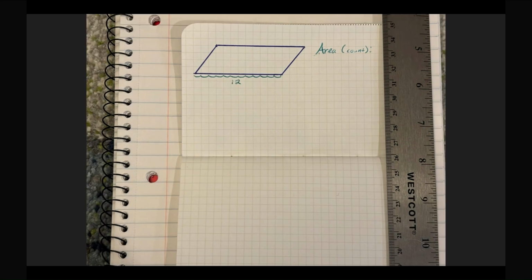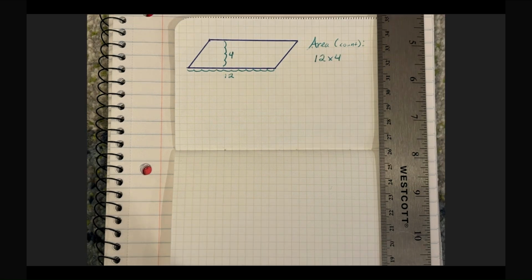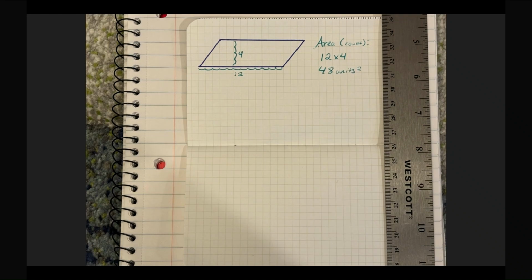So we will count line segments along the base, find out that this base is 12 units long, and then we'll count a vertical line up the inside of the parallelogram for the height. The height is 4 units. So our area then is 12 times 4, which is 48 units squared, which we were able to find just by counting the base and the height.